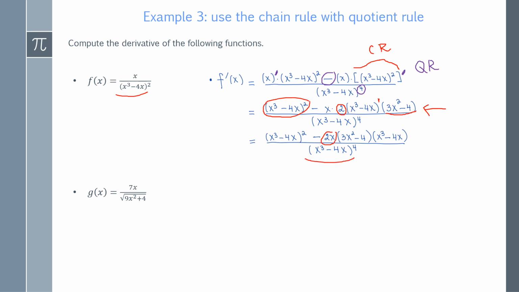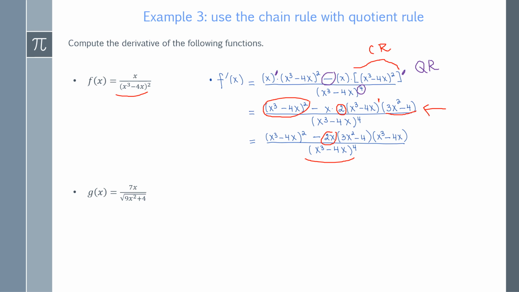Now you could reduce it by a common factor here, because we do have a common factor of x cubed minus 4x. That's completely fine. Or you can just leave it as is. There's nothing wrong with just leaving it as is. Right? So that's your answer for this function.